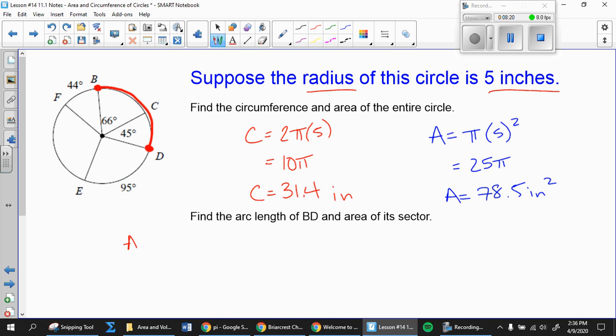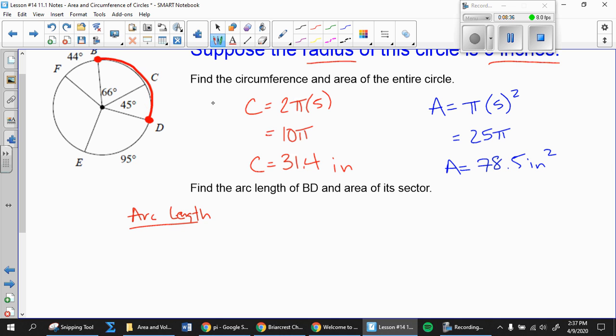The first thing I need to know is what that central angle is, because when I'm finding arc length, we just talked about doing central angle divided by 360 times whatever our circumference is. This arc creates this central angle, so we know our central angle is 66 plus 45, which gives me 111 degrees.